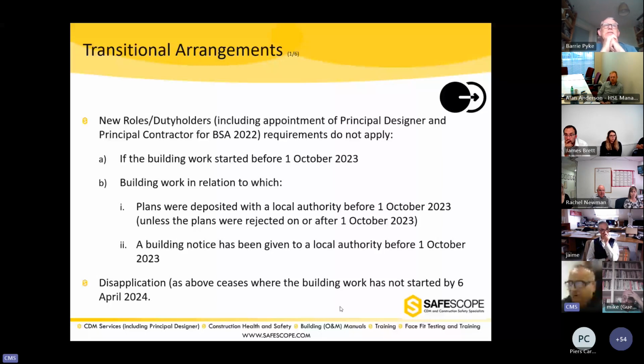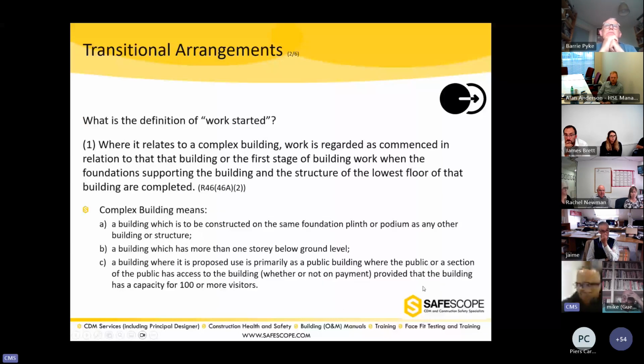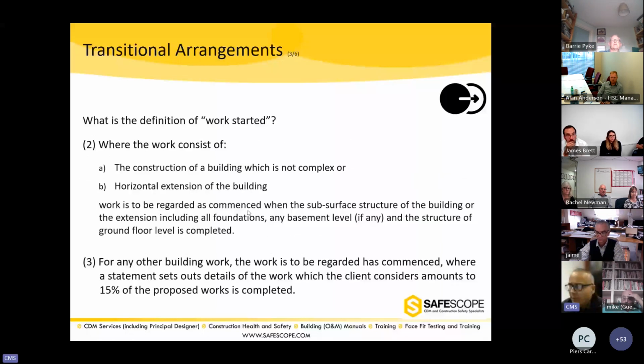And what it means to be started: it's a big definition, and you will get a copy of it when you see the recording. For a complex building, if the foundations have been put in place or the structure for the lowest floor is already there. If the construction project is not complex, the work is regarded as commenced when the subsurface structure of the building or the extension, including all foundations, any basement level, and the structures of the ground floor are complete.